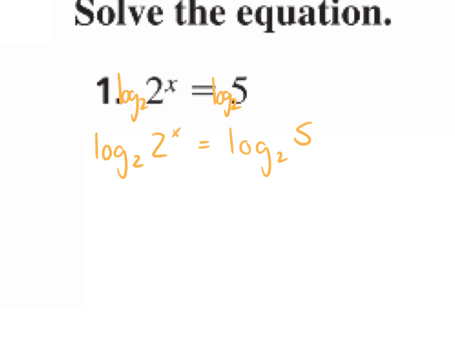On the left side, what's log base 2 of 2 to the power of x simplified to? Just x, awesome. So log base 2 of 2 cancels, we're just left with the x that's in the exponent. On the right side, how could I put this in my calculator? The change of base formula, so log of 5 over log of 2.